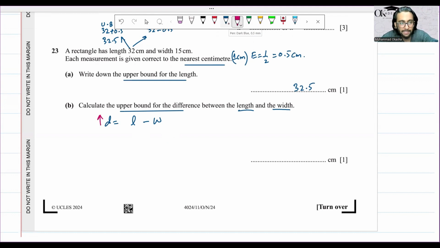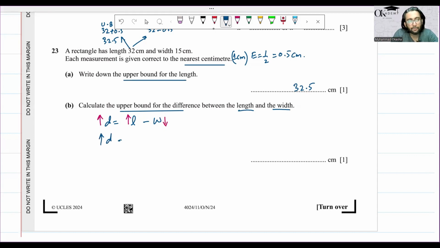So how can I get the maximum value of the difference? If I take the upper bound of L and subtract the lower bound of the width. In other words, whenever you have a minus, you get a lower. If it's addition and I want the upper bound, you add both the upper bounds. I hope you know about this.